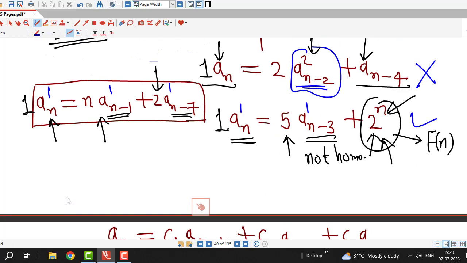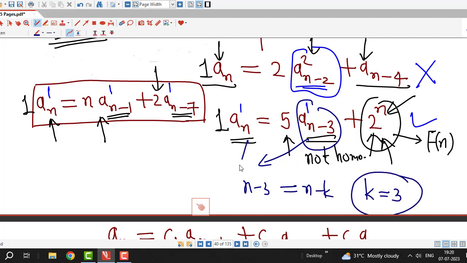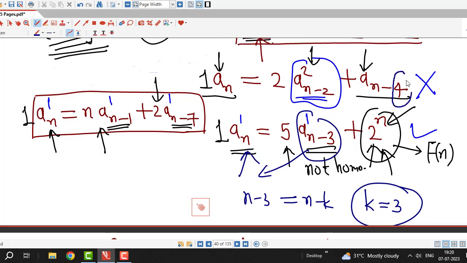So for example, here we can see an equal to 5 into an minus 3. So I have to compare this n minus 3 with n minus k, and I obtain that the degree of this recurrence relation is k equal to 3. Similarly, here I compare with n minus k, and I obtain k equal to 4.